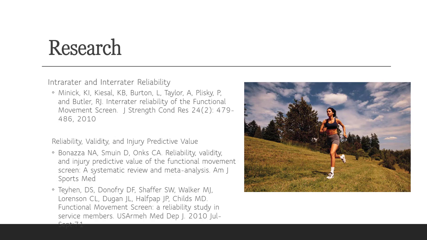9 studies with a total of 2,696 participants were identified that evaluated the injury predictive value of the FMS. All studies, per the inclusion criteria, evaluated healthy people before participation in their respective activities.